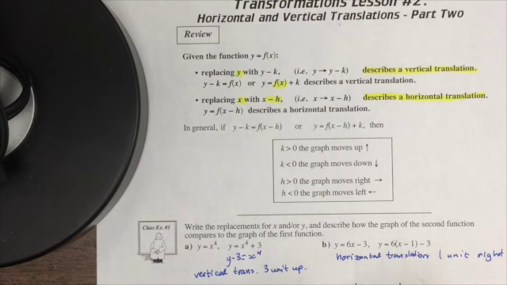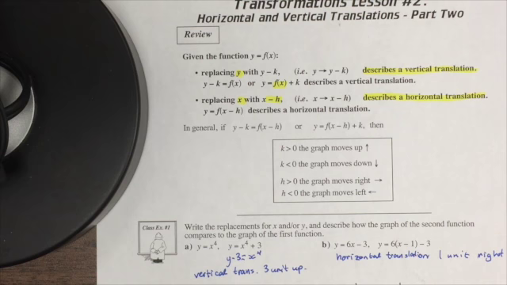So my new equation is going to look like this: y is equal to x minus 3 squared. Now it won't be x squared minus 3, because that would result in a vertical translation 3 units down. There is a difference between x minus 3 squared and y is equal to x squared minus 3, which would result in a different type of translation. That would be 3 units down, so it can't be this one.